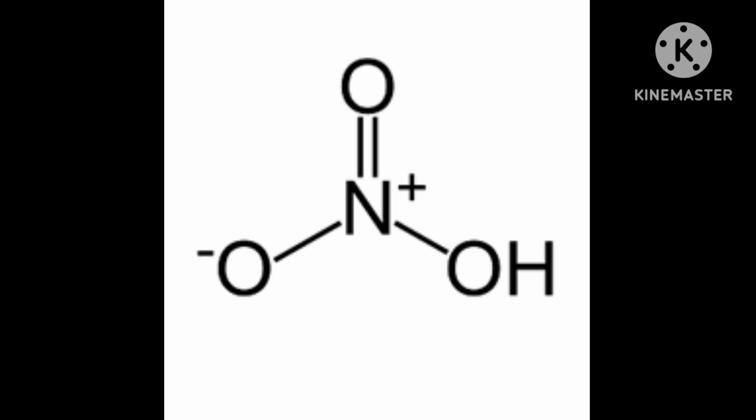How nitric acid is prepared, that I will tell you. Preparation. In the laboratory, nitric acid is prepared by heating potassium nitrate or sodium nitrate and concentrated H2SO4 in a glass retort.